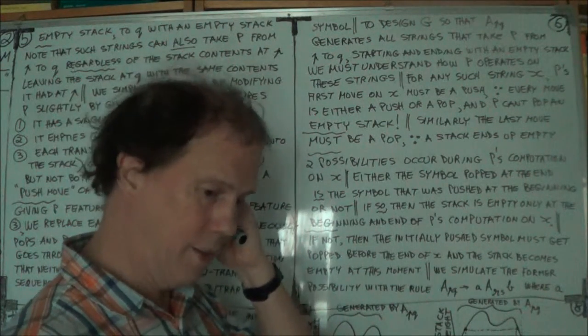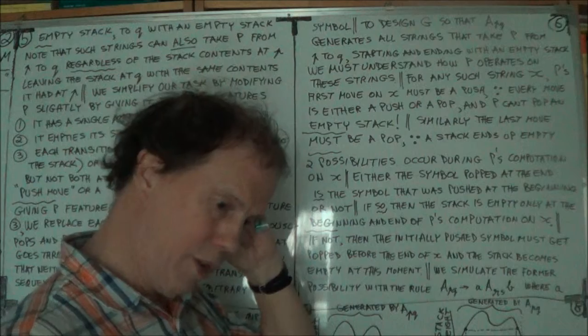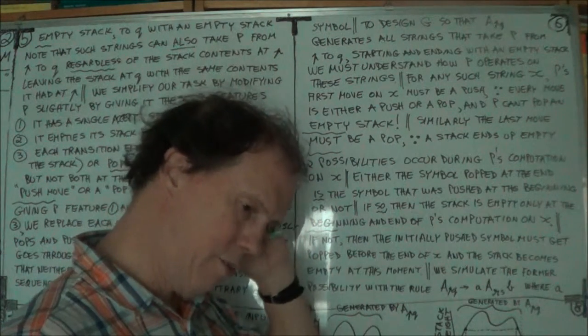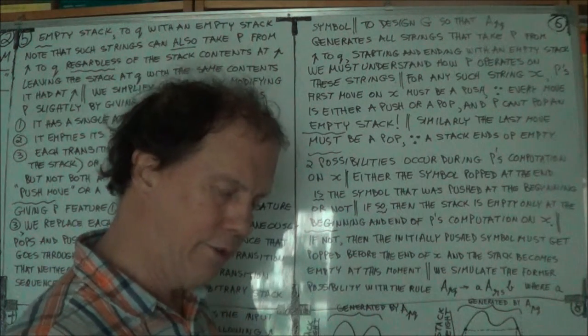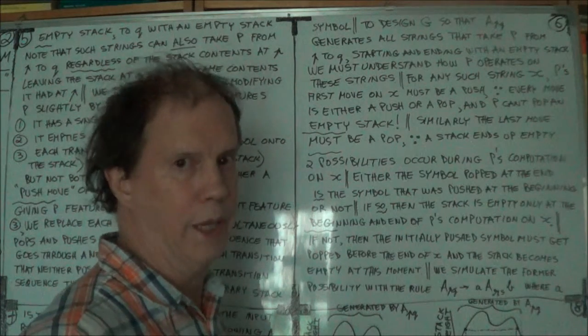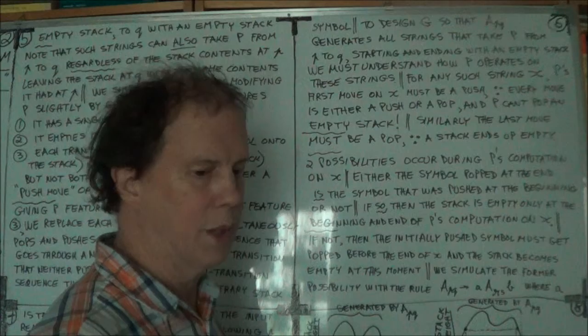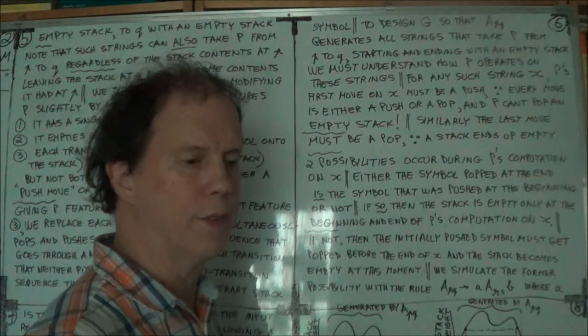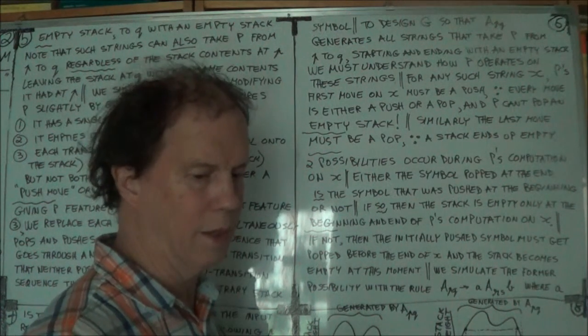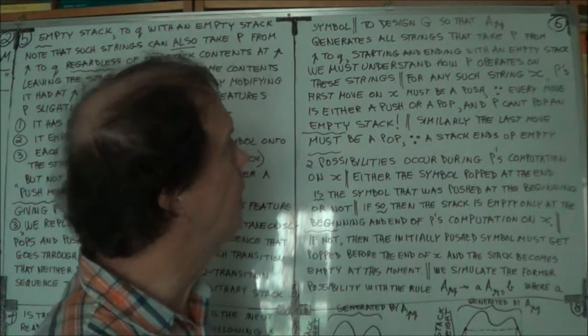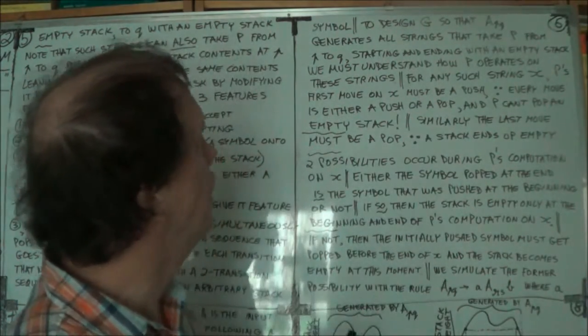Now these strings will take the automaton, the machine P, from state little p to state little q without changing the stack. Right? If you start with an empty stack, you end with an empty stack. Okay. So that's what these do.